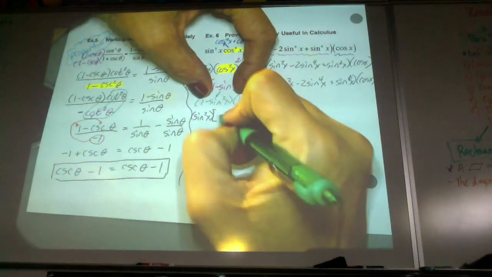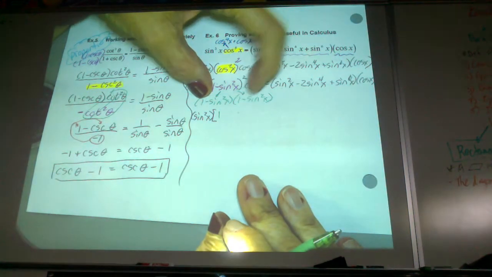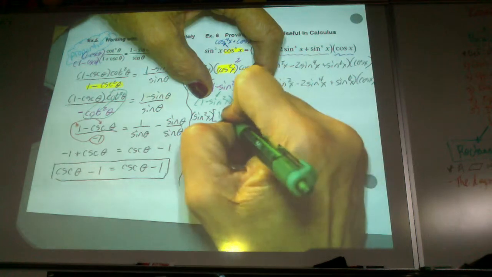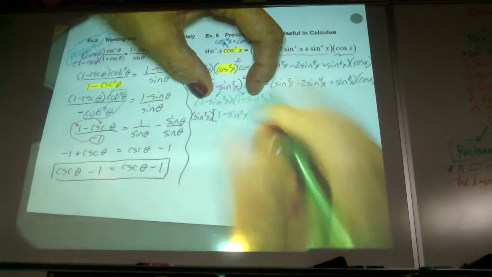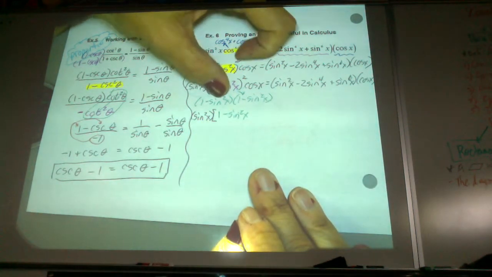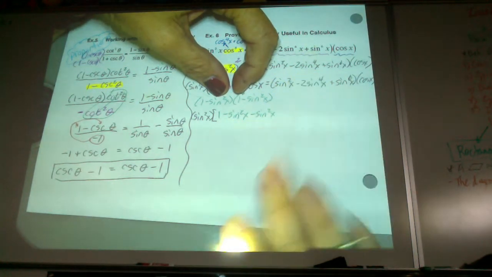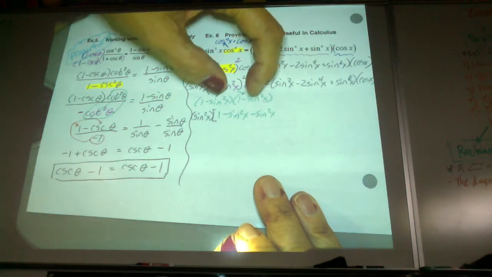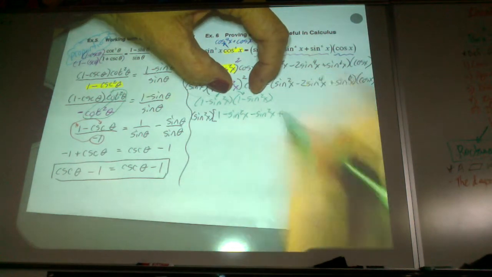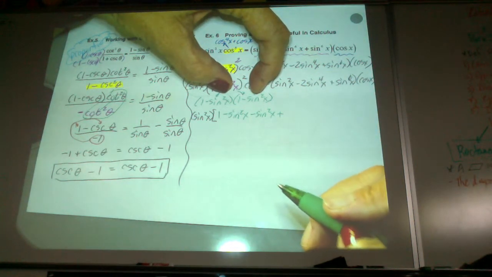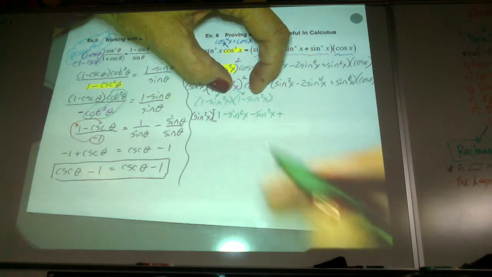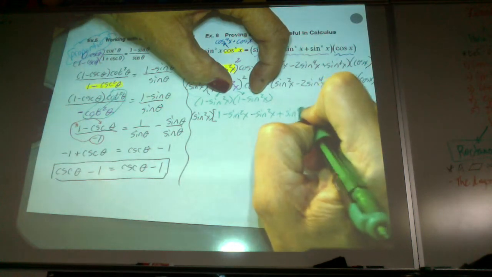1 times 1 is 1. 1 times negative sine squared, negative sine squared of x. Negative sine squared times 1, negative sine squared of x. And then negative times a negative is a positive. What's sine squared times sine squared? Sine to the fourth.